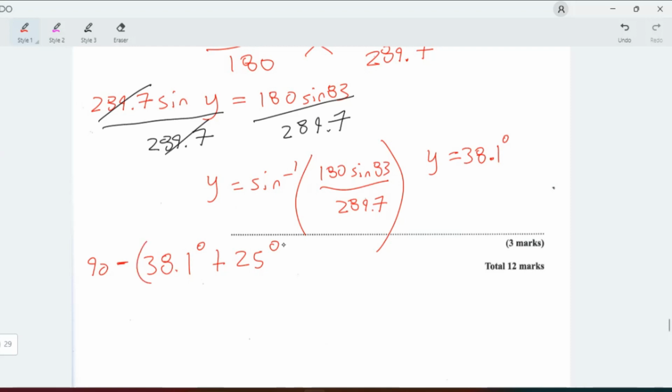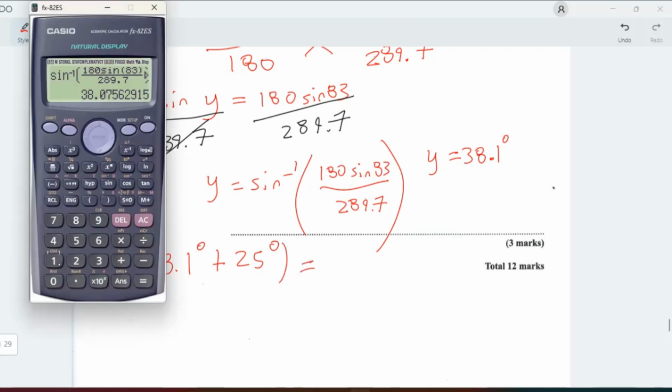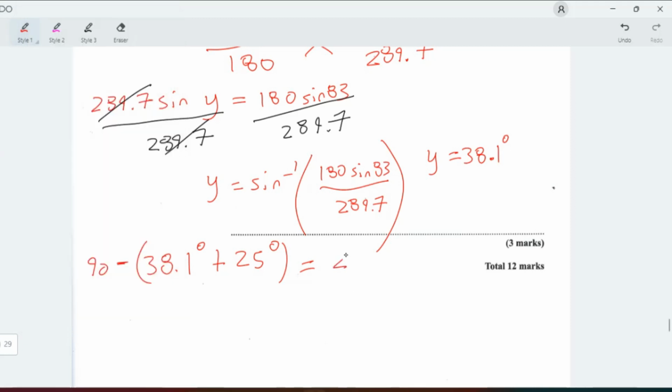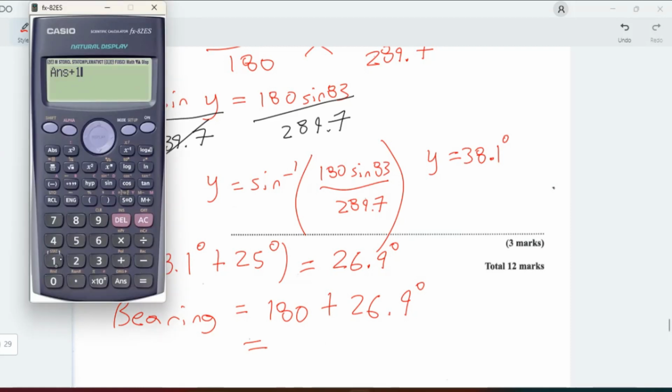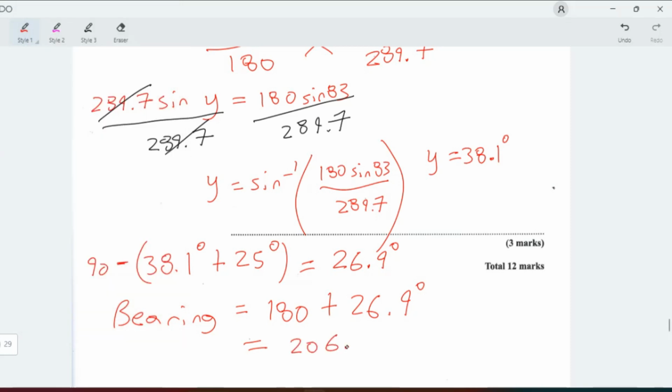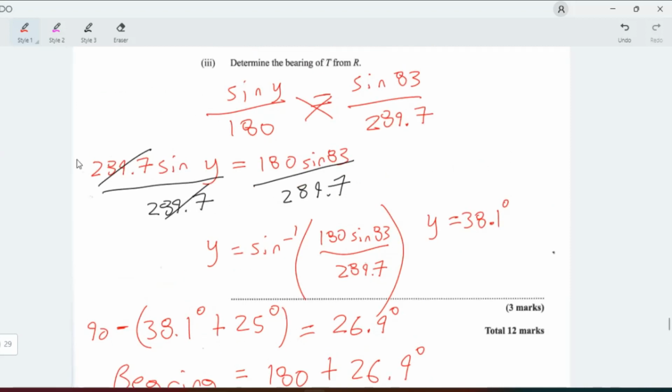When we add those and subtract from 90, we get 26.9 degrees. Then the bearing is equal to 180 plus 26.9, and that works out to be 206.9 degrees. That is it. Easy.